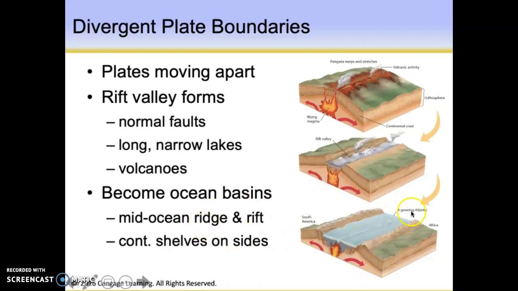If we continue to pull the plates apart, we won't be able to fill in the gap by just faulting the existing continental crust. Instead, you'll notice on this bottom diagram, half of the continental crust goes one way, half goes the other way, and we then must fill in the gap with this rising molten rock derived from the mantle.